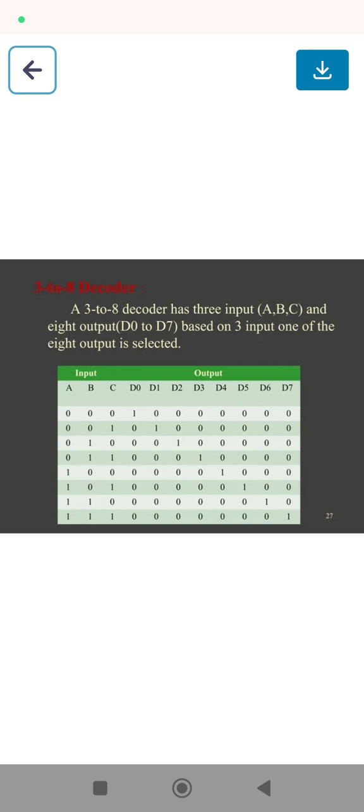If it is 0 0 1, D1 will be selected. 0 1 0 selects D2, 0 1 1 D3, 1 0 0 D4, 1 0 1 D5, 1 1 0 D6, 1 1 1 D7. It is the opposite of your encoder.